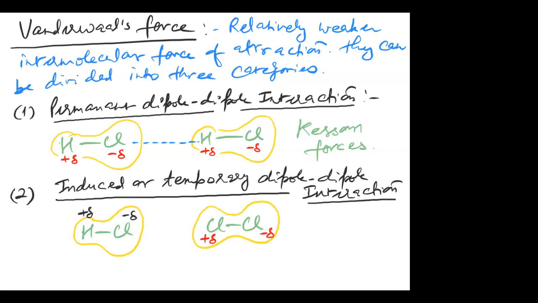And now the interaction between HCl and Cl2 is nothing but induced or temporary dipole-dipole interaction. This interaction is also known as Debye forces, the same Debye who gave the unit of dipole moment.